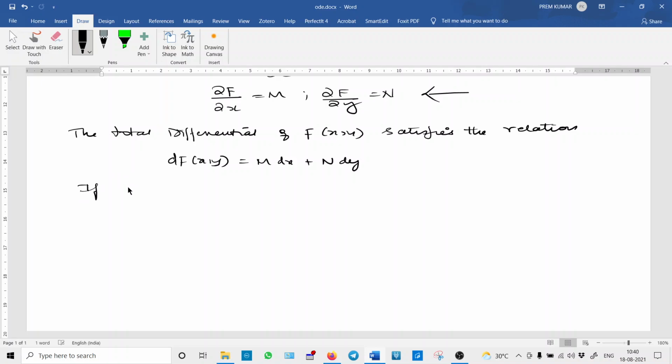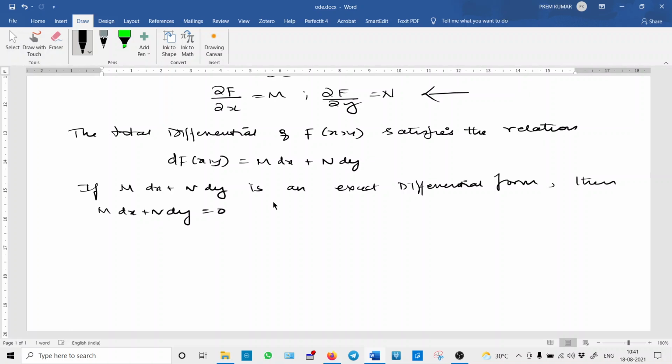If this M dx plus N dy is an exact differential form, then M dx plus N dy equals 0 is called an exact differential equation.